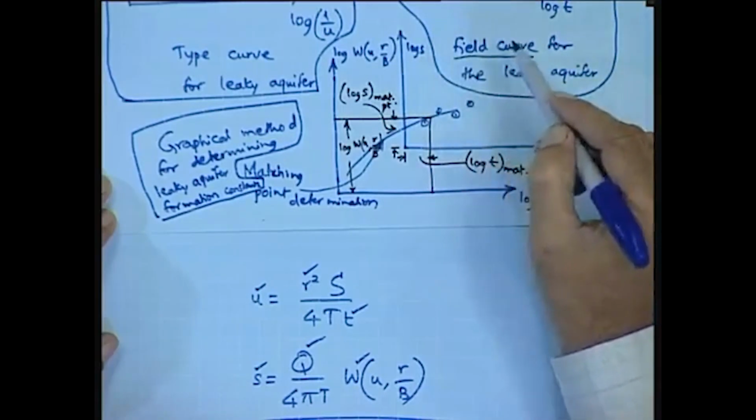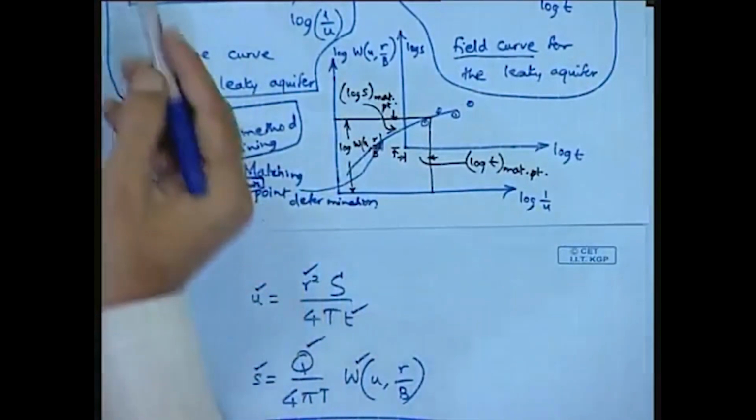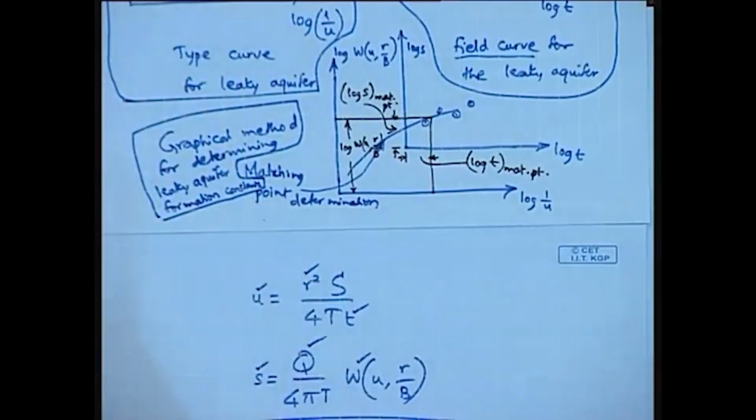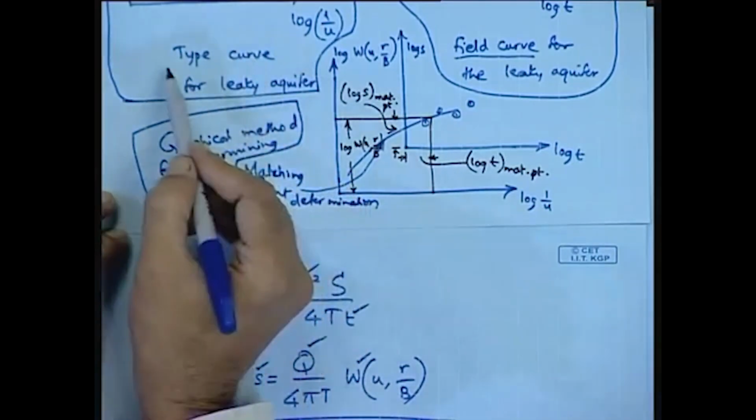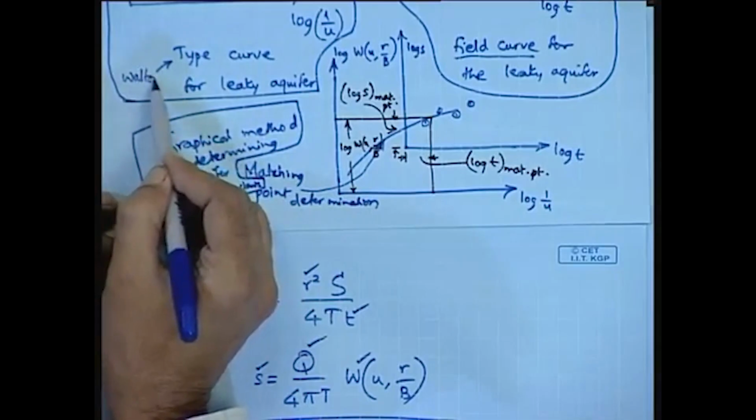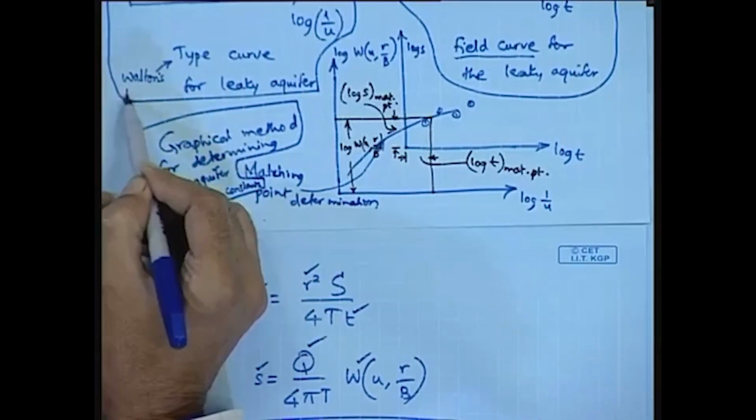We match that with the plot that is Walton's theoretical curve for the leaky aquifer. This is the type curve.